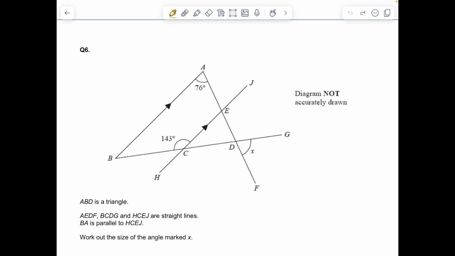So looking at this, we want to find this angle here marked x. So let's find either some corresponding angles, co-interior, or alternate angles. So here I have alternate angles. So alternate angles are equal. Luckily on this question they have not asked you to put your reasonings, so you just have to put the angles. So this one is 76 degrees.